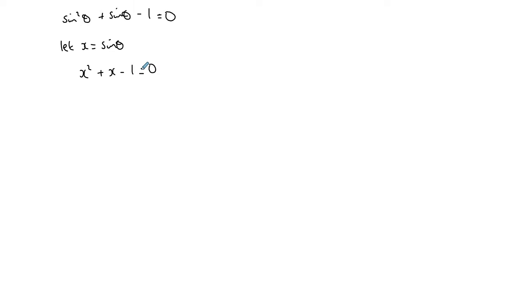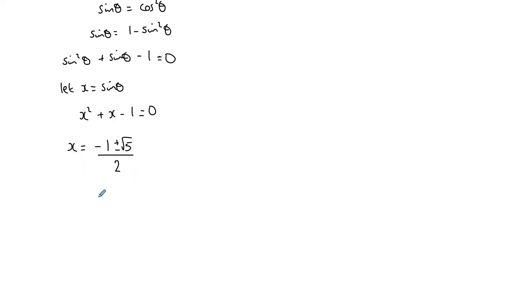So I'm going into option A on my ClassWiz. It's a polynomial, the degree is 2, so we've got 1x squared, 1x, take away 1, and that gives me a value of x that's minus 1 plus or minus root 5 over 2.